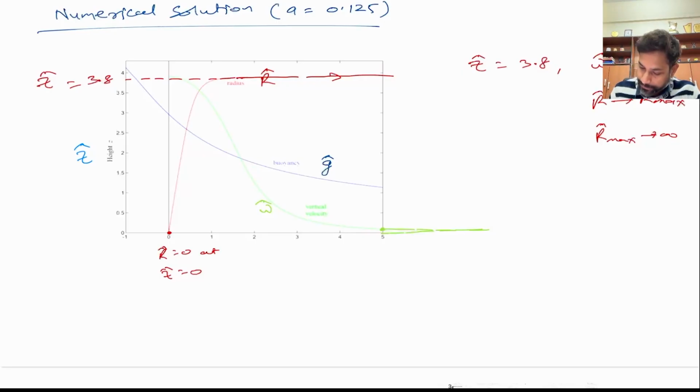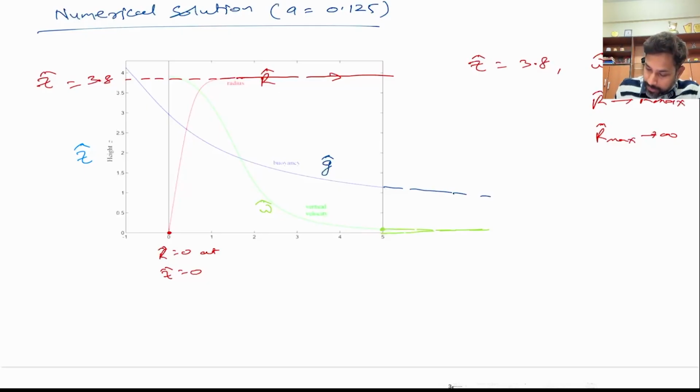Okay, and another thing that you see here is that the g prime value, g hat, also started with some value here, and it may also be going to infinity at z hat equal to 0.